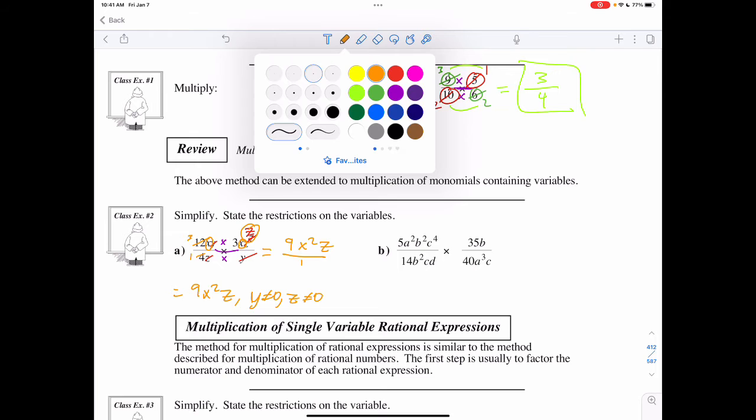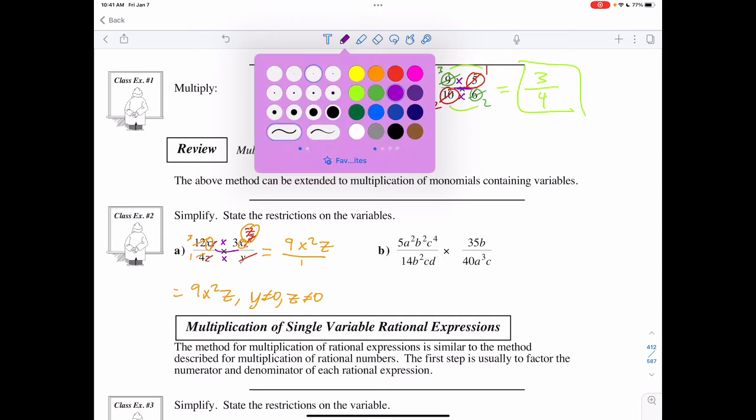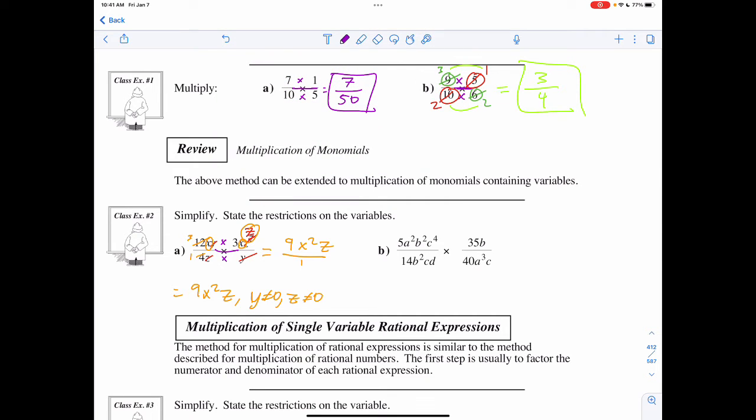When I look at example B, I'm going to use the same logic. Go straight across here. And typically what I do with these variables is I would combine the variables using the laws of exponents, just to make it easier when I'm dividing.